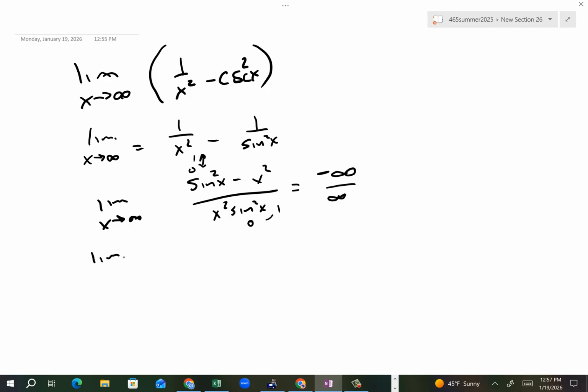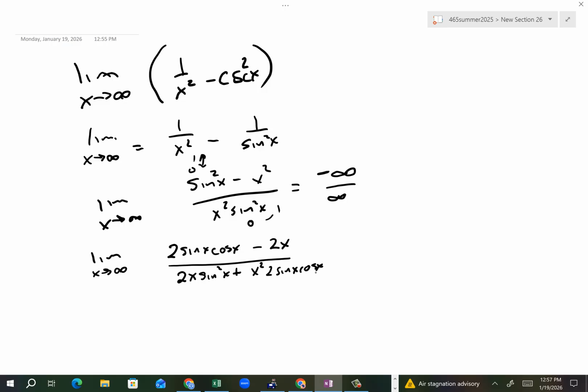The limit of that as x approaches infinity. And then what do you get here? Well, it's going to be 2 sine x cosine x minus 2x over, and then this is a product rule down here, sine squared plus x squared times 2 sine x cosine x, right?